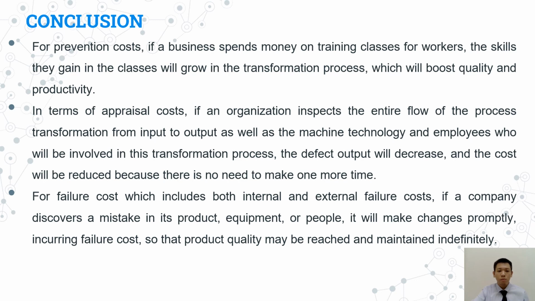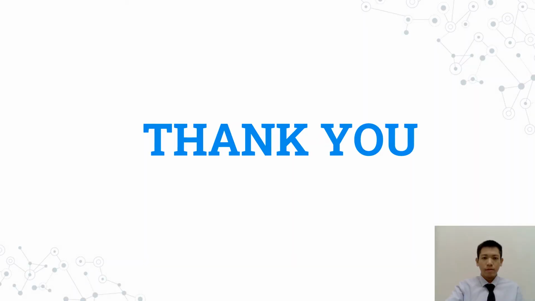For failure costs, which include both internal and external failure costs, if a company discovers a mistake in its product, equipment, or people, it will make changes promptly, so that the product quality may be reached and maintained indefinitely. So that's all from me.